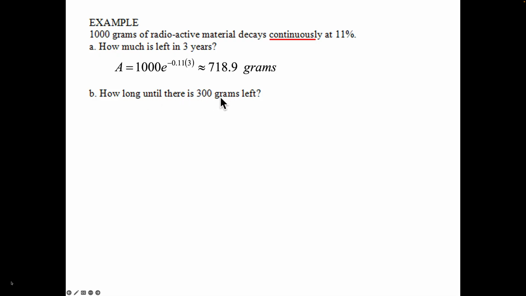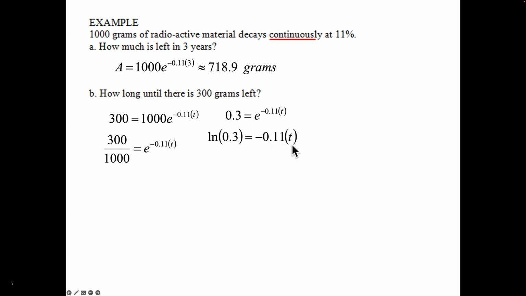How long until there's 300 grams left? We'll put 300 in for the A. Again, we have to get e by itself, divide over the 1,000, which is going to turn into 0.3. Change this into an ln. ln of 0.3 is now equal to negative 0.11t over here all by itself.